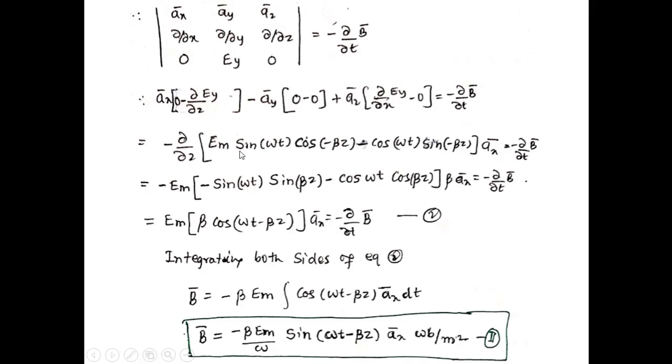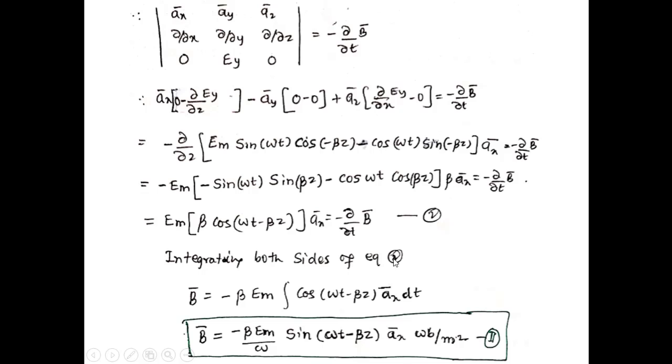So minus minus cancel out here. Therefore, Em beta cos(omega t minus beta z) Ax bar is equal to minus dou by dou t B bar.